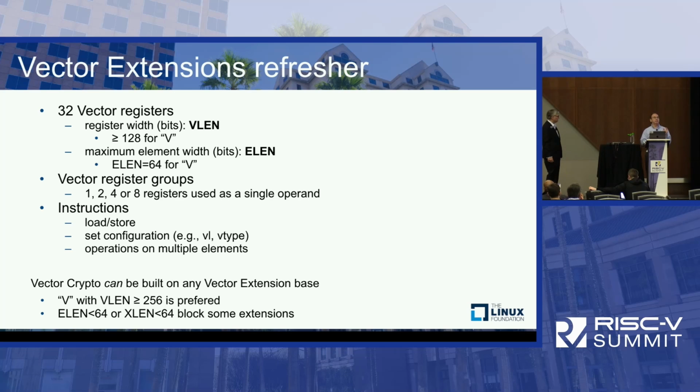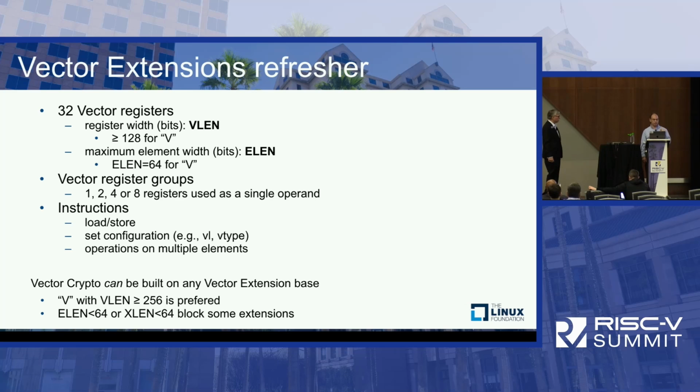So that's the scalar processor. If it's just built on RISC-V 32, there are some instructions that won't work. And also, if XLEN, I'm sorry, I think I said that backwards. XLEN is the scalar width. If it's less than 64, meaning if it's 32, then there are some instructions that won't work.